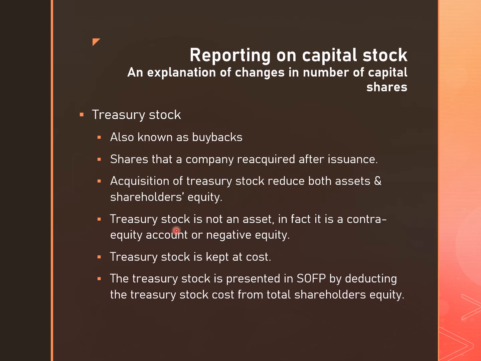And obviously this treasury stock adalah not an asset. In fact, dia adalah the contra equity account ataupun so-called negative equity. So kita akan keep the treasury stock at cost dan apabila kita nak present dalam SOFP, kita akan tolak, deduct the treasury stock cost from the shareholders equity.